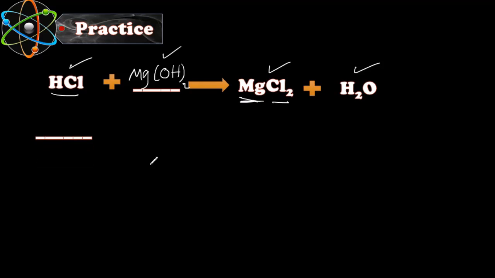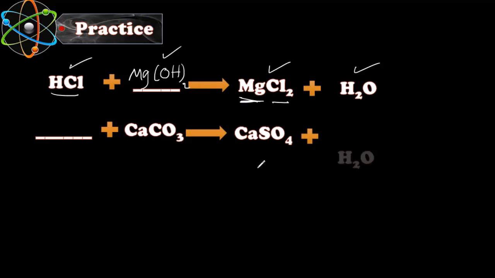Another example here, we have a blank, I don't know what the substance is, plus metal carbonate, calcium carbonate, will give us calcium sulfate plus water plus something else. Now we have a reaction with a metal carbonate. What will give us salt plus water plus another substance is a reaction between an acid and a metal carbonate.